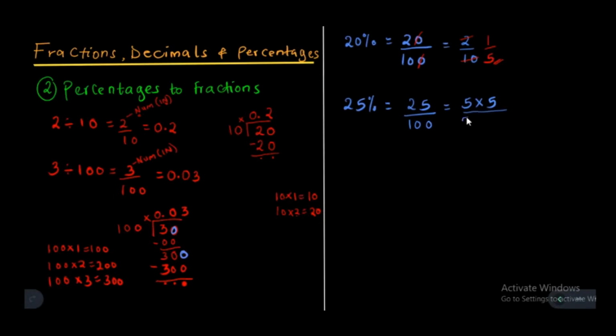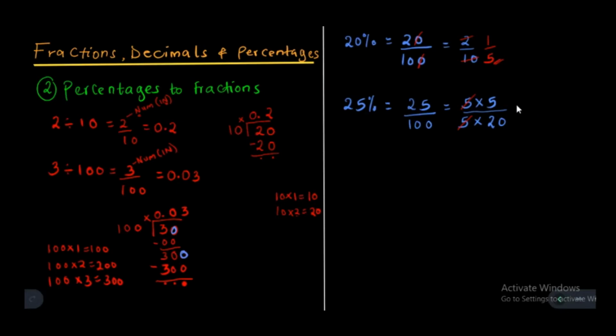In this case, I'm going to start with a 5 and then multiply by what gives you 100: 5 times 20. In the next step, I will cancel out these numbers. If 5 appears at the top and at the bottom, we can cancel it out. It's like they divide each other.